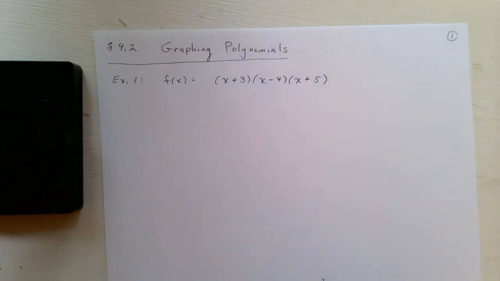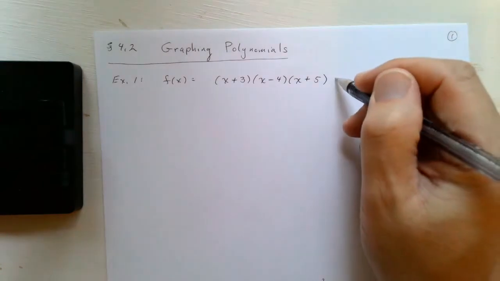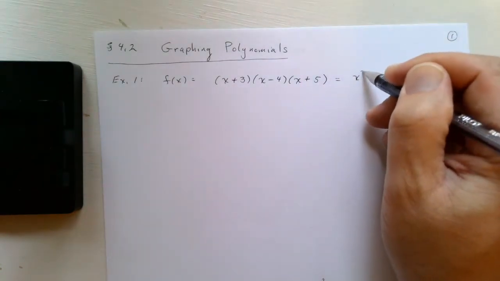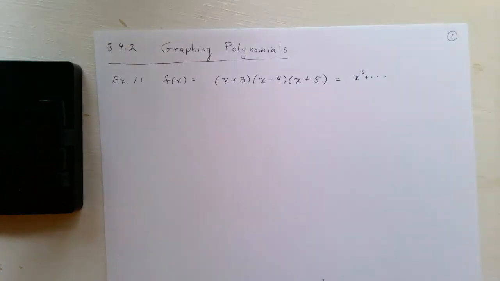Well, for the end behavior, we look at what is the leading term. And we can see that if we were to multiply all this out, the highest power of x would be x times x times x, which is x cubed, plus some other things, right? So x cubed is the leading term.